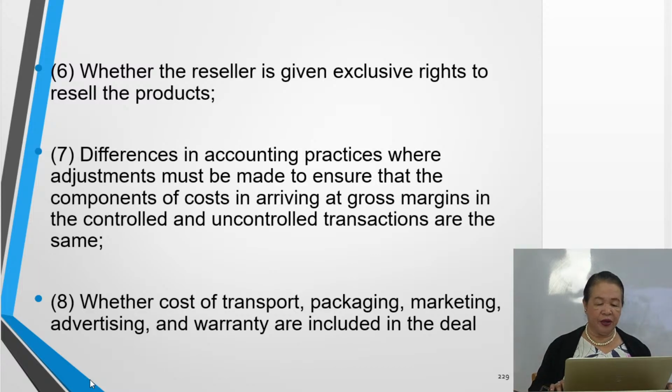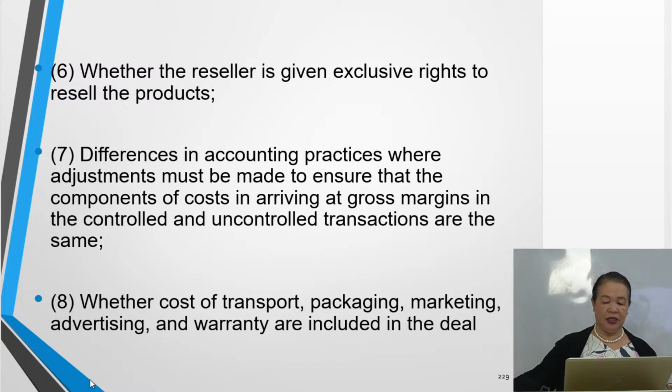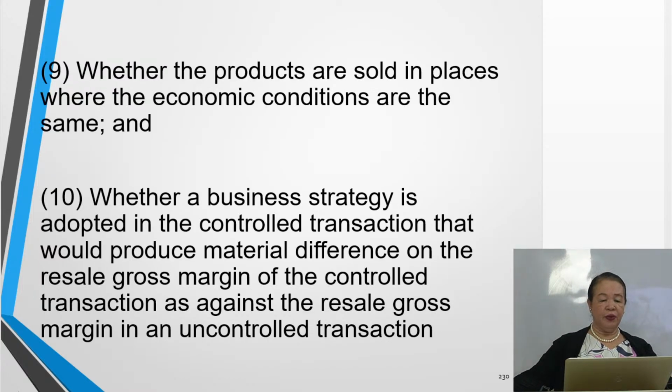Number 8, whether cost of transport, packaging, marketing, advertising, and warranty are included in the deal, no? So, yung mga cost ng transport, packaging ng products, no? So, marketing and advertising and warranty, dapat included sila in the deal, no? Number 9, whether the products are sold in places where the economic conditions are the same, no?